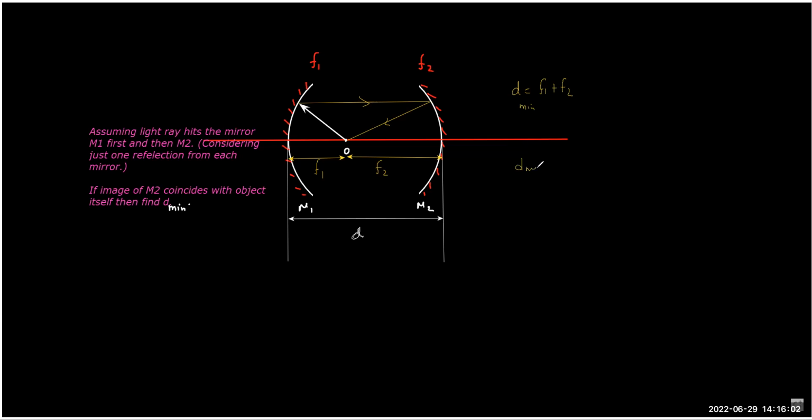Then what is the d maximum if I ask? The d maximum will be 2f respectively, because either O is the focus of both mirrors, so this is a solution, or O is the center of curvature of both.